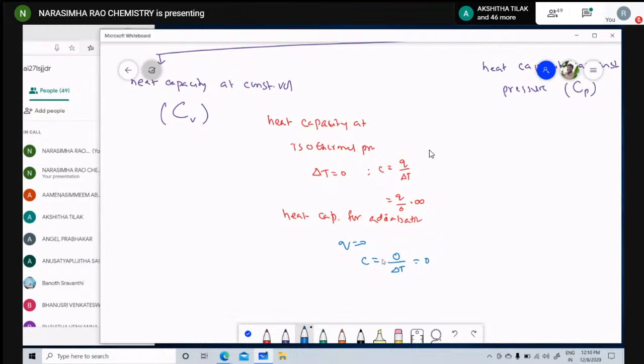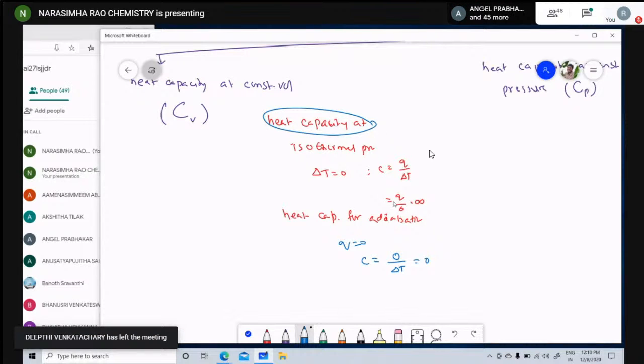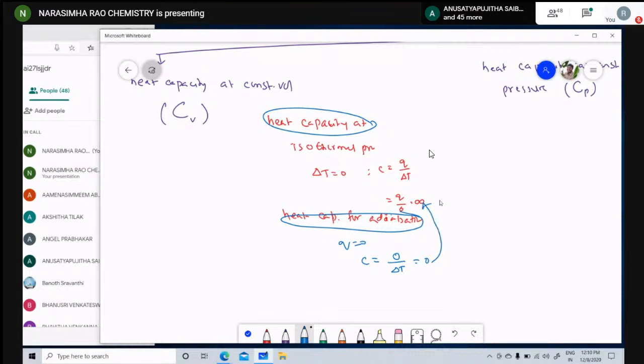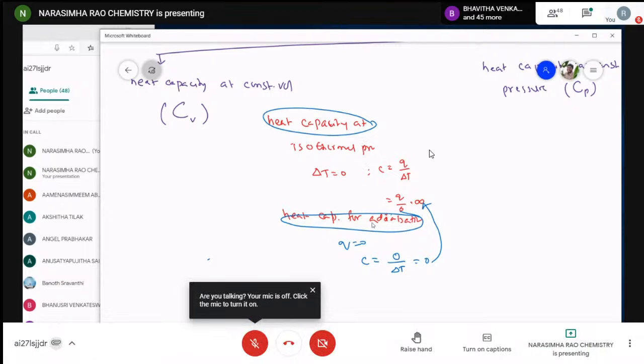That means the heat capacity of a system, whether isothermal or adiabatic, lies between 0 and infinity. Any value is possible. It's clear now? I explained the isothermal process, and next the adiabatic condition.